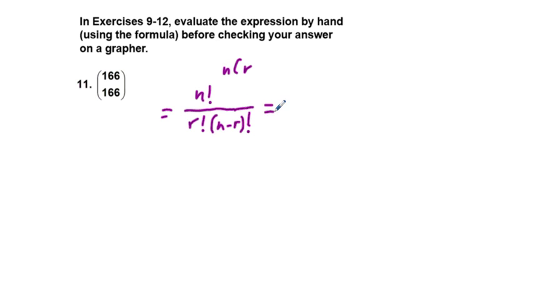In this case, we're going to have 166 factorial over 166 factorial times n minus r, which is going to be 166 minus 166 factorial. I think we're going to have cancel. I think we're going to equal 1 when we get to everything.